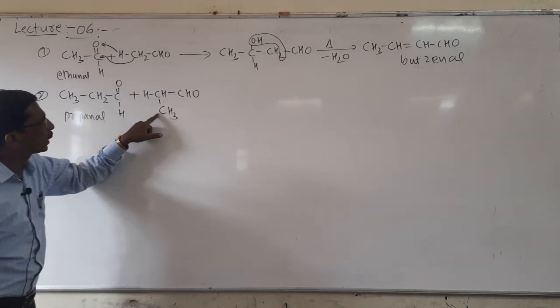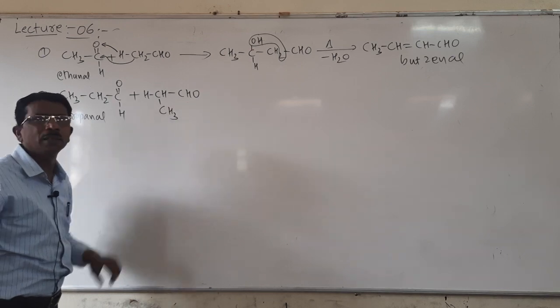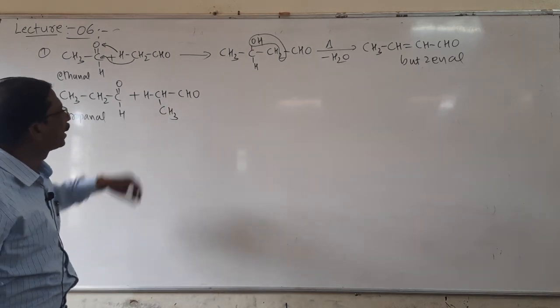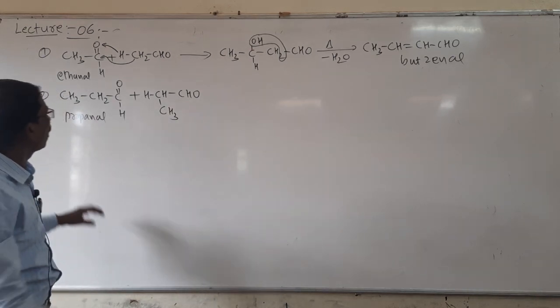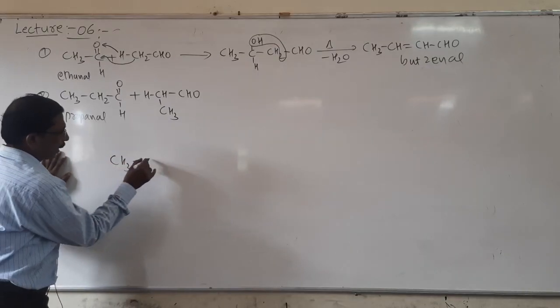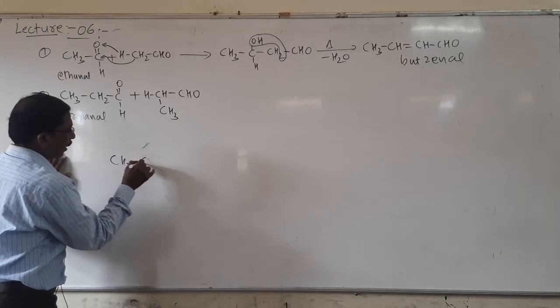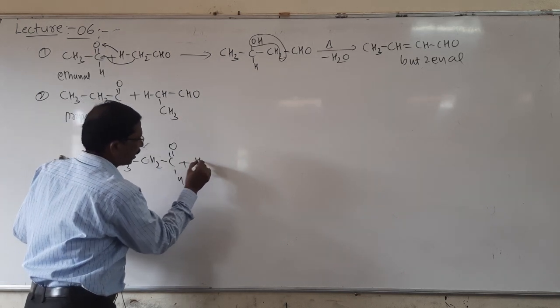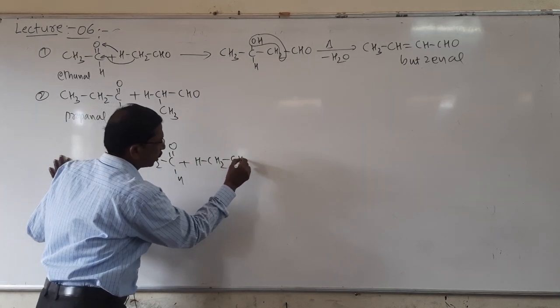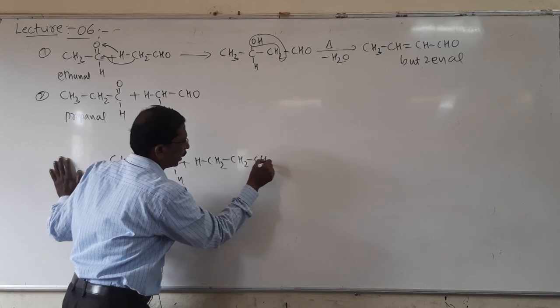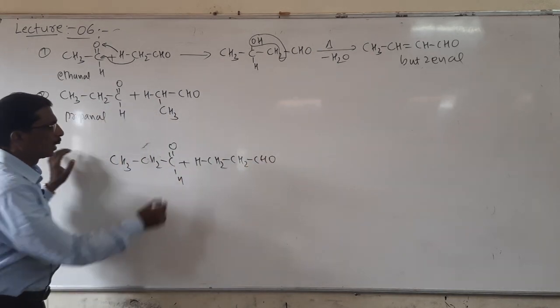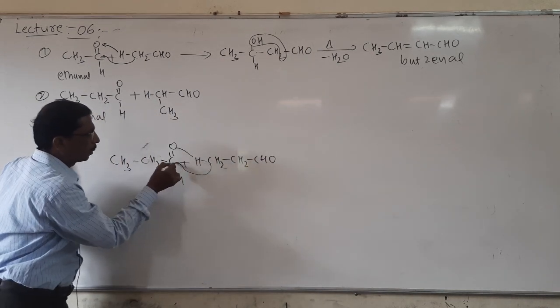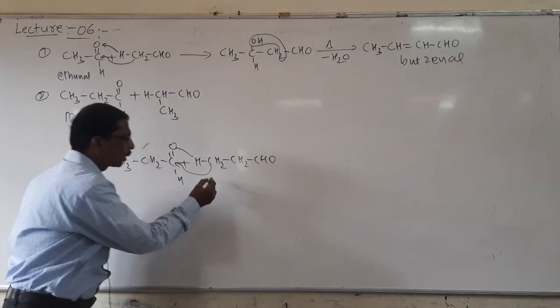Why is this written like this? Why is it not written like this: CH3, CH2, C double bond OH, and another CH2, CH2, CHO? Why not attached like this? It is not possible.